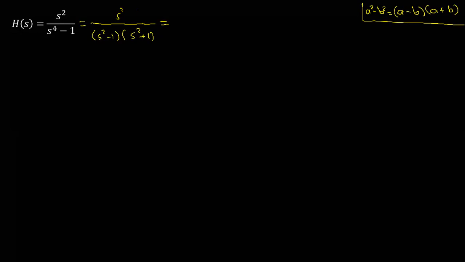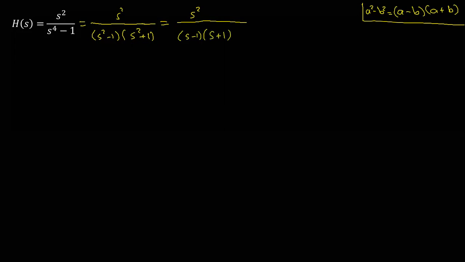Can I do more factorizing steps? Yes, S squared minus 1 will also be S minus 1, S plus 1. Can I factorize the S squared plus 1? No, I can't. Yes, great, Omar.